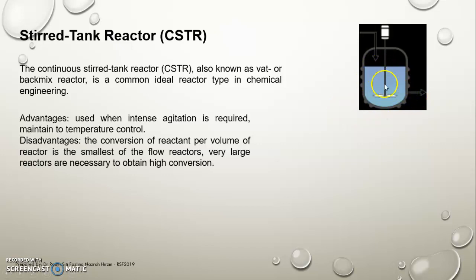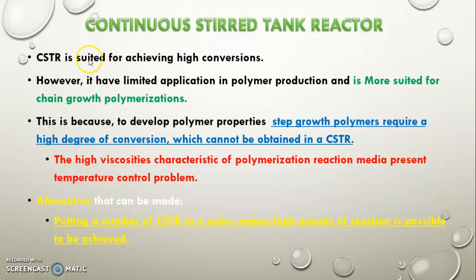Maknanya daripada reactor A ni, material out ni dia akan ke reactor seterusnya, iaitu reactor B. Dia akan ada many CSTR series. Bila ada many series, dia akan boleh produce high conversion. So that's why dia kata kat sini it's suited for achieving high conversion.